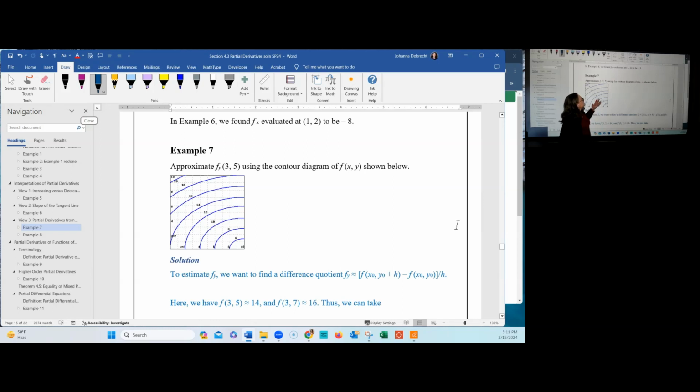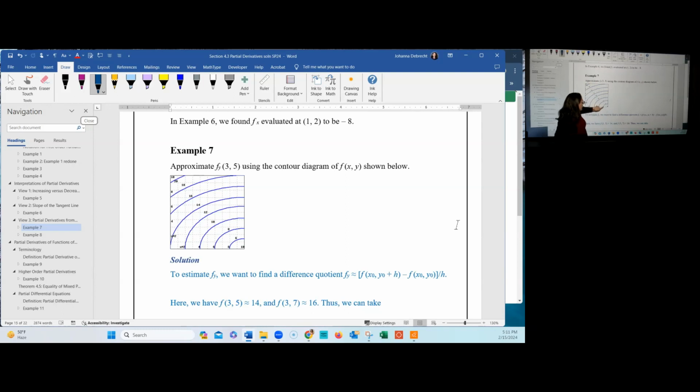Now, in example 6, we found the partial with respect to x evaluated at 1, 2 to be -8. And now we want to approximate the partial with respect to y of 3, 5 using this contour diagram right down here. This is a contour map.